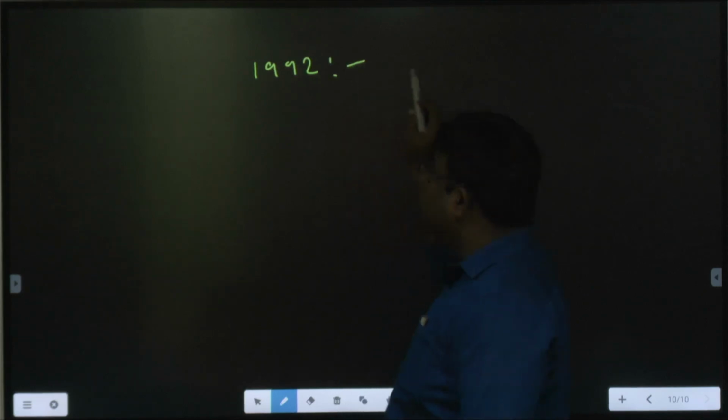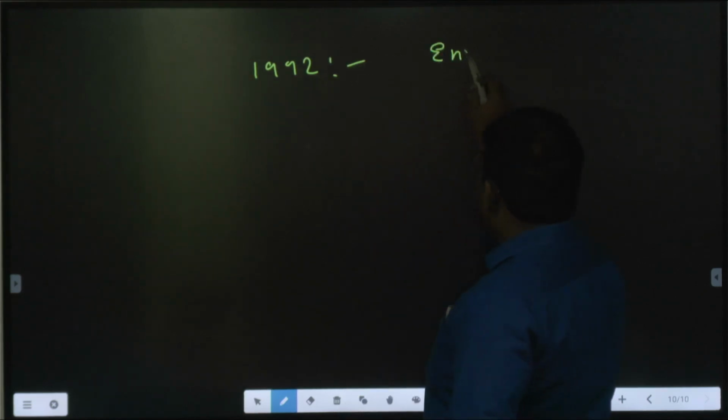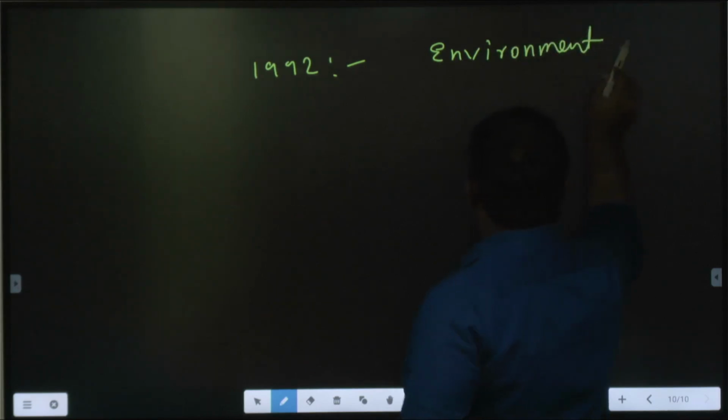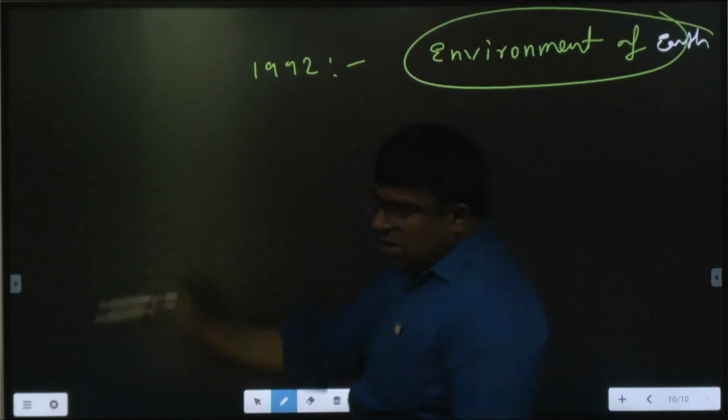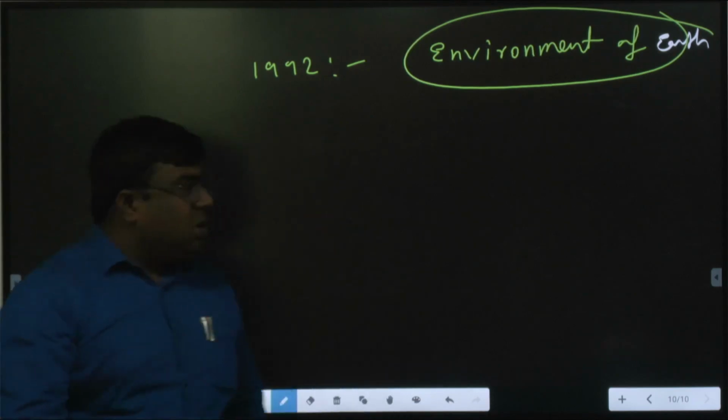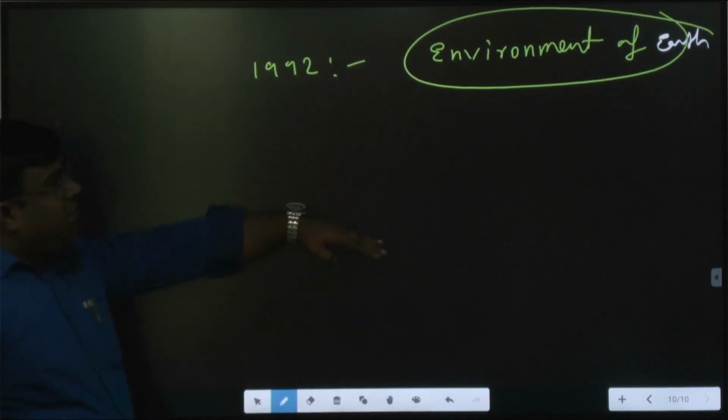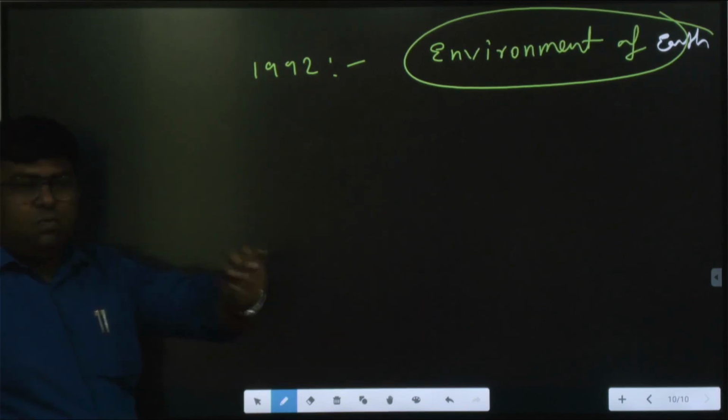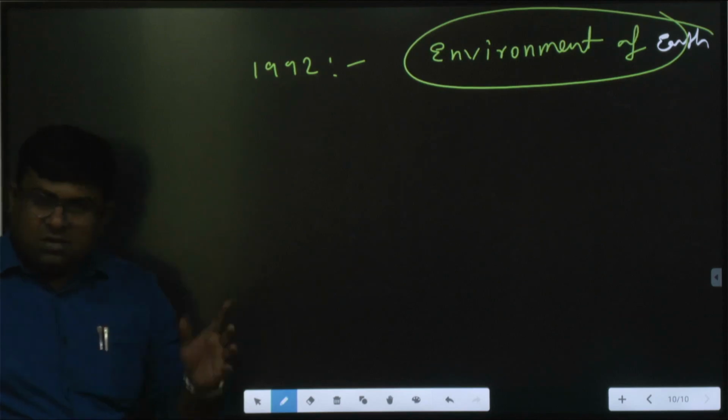If United Nations is organizing one convention in the year of 1992 for protection of the environment of entire Earth, so any problem related with environment of Earth would become one subject matter for United Nations in that convention.